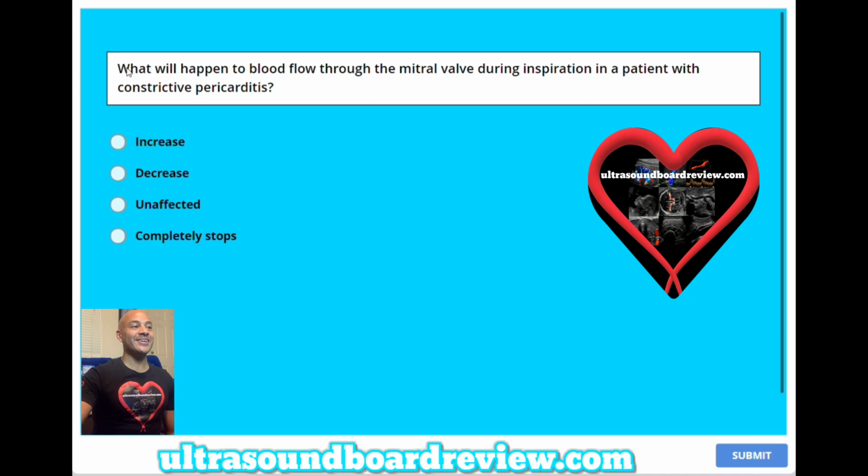Question 138. What will happen to blood flow through the mitral valve during inspiration in a patient with constrictive pericarditis? A, increase, B, decrease, C, unaffected, or D, completely stops?